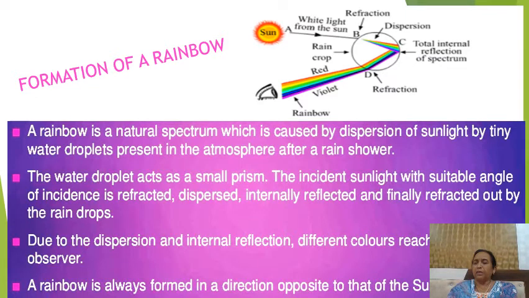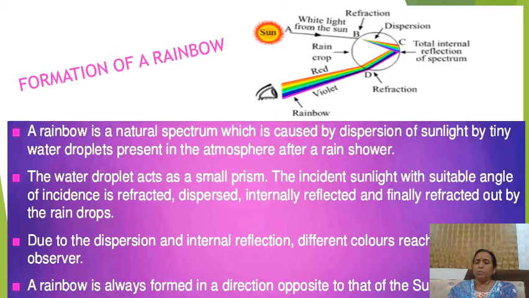After this total internal reflection inside the raindrop, when it reaches point D of the raindrop, it refracts again and comes out in the form of a beautiful spectrum, that is a rainbow.